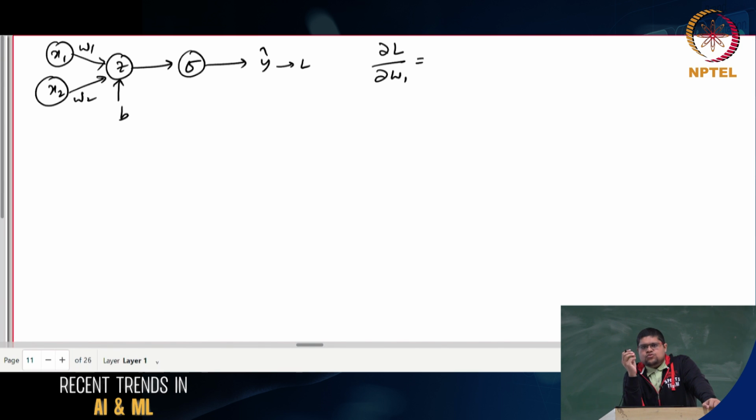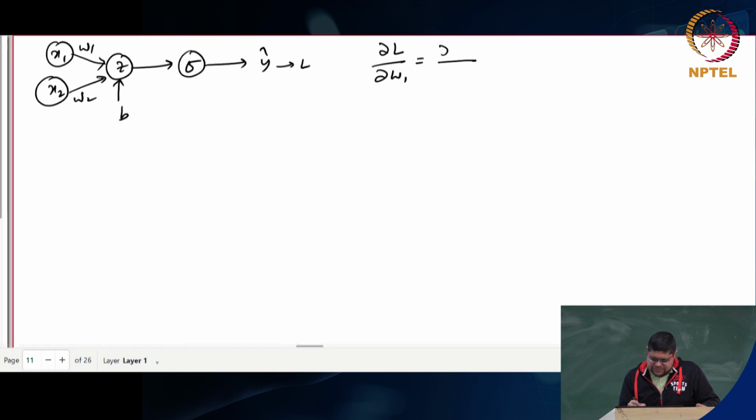I would like to know the rate of change of loss with respect to one parameter. That first I will check with respect to W1, then I will check with respect to W2, then we will check in terms of maybe W3 in this way, or also in terms of bias as well. Rate of change of loss with respect to this W1.